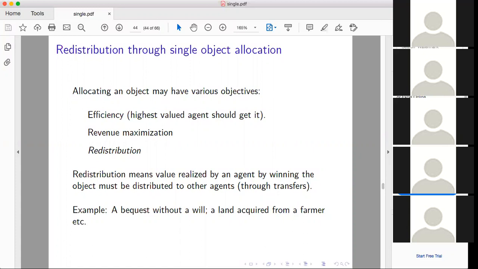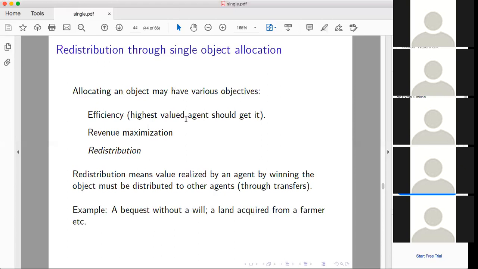Well, that's not going to work, because that may lead to some kind of manipulation. It may not be incentive compatible. So we need to be careful about the ways we redistribute, through these incentive compatible mechanisms.